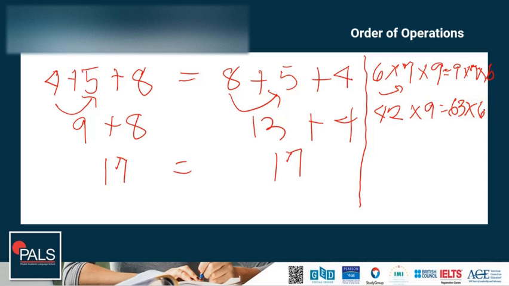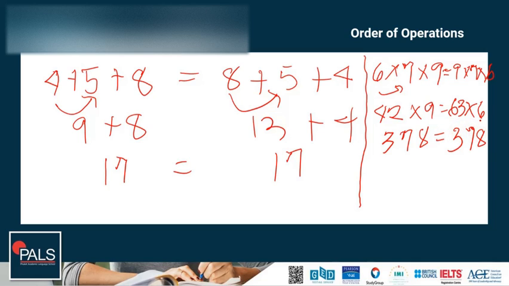Okay, 42 times 9 is 378. And 63 times 6 is also 378.